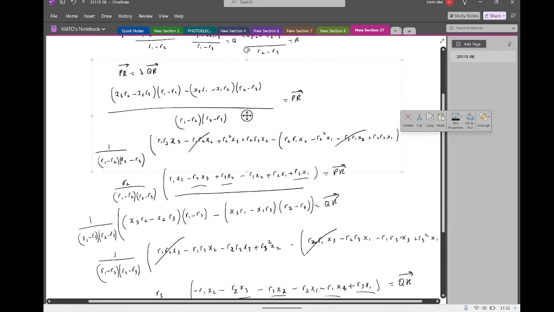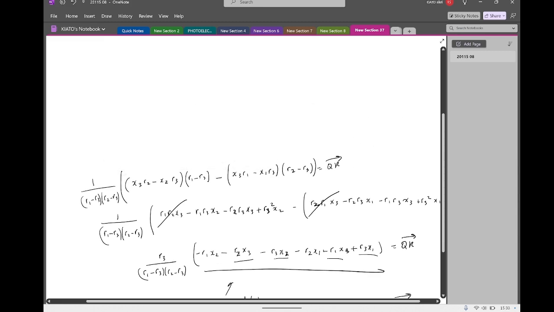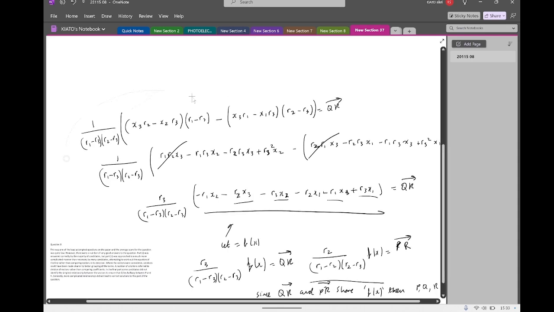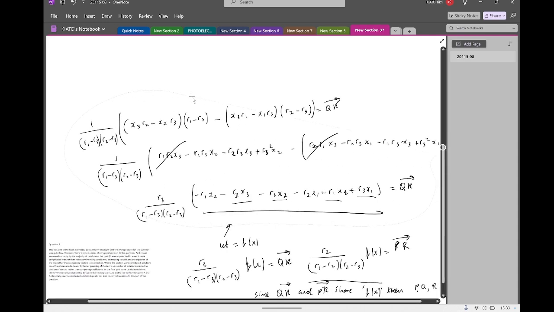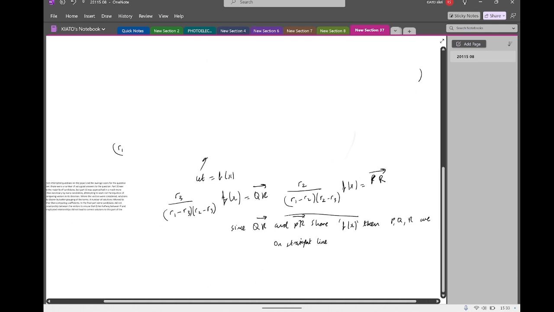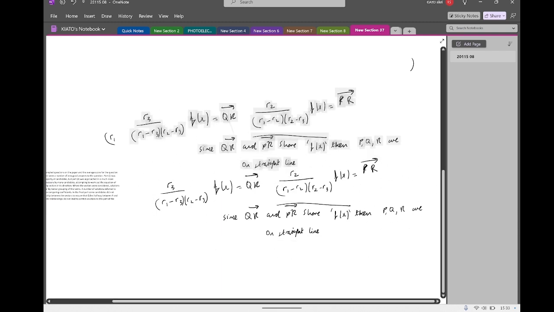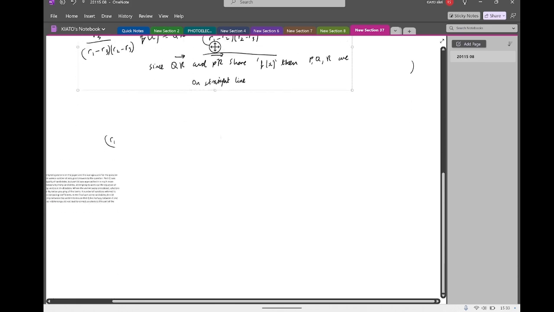I'm going to delete all of this as well, and cut all of this. Sorry, it's really messy, but it's the best I can do right now. Just bring this up here.